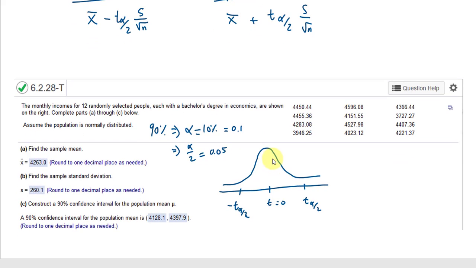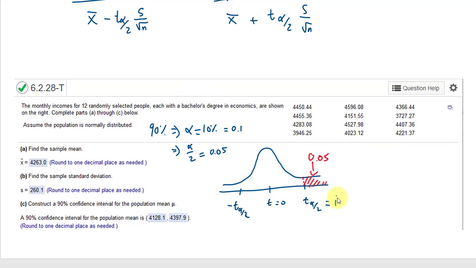Now to find my T of alpha over 2, remember, go back to the last case. It's similar, that this area here, the red portion, is 0.05. So we are looking for the T alpha over 2.